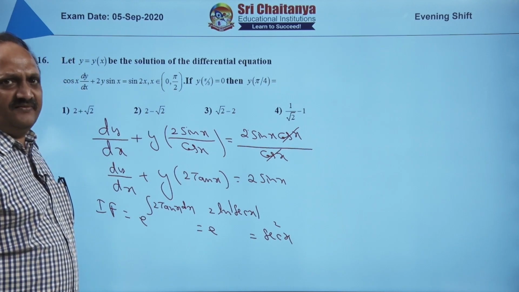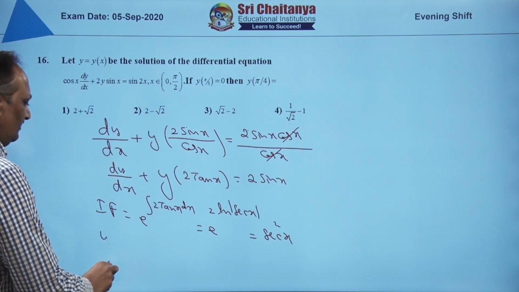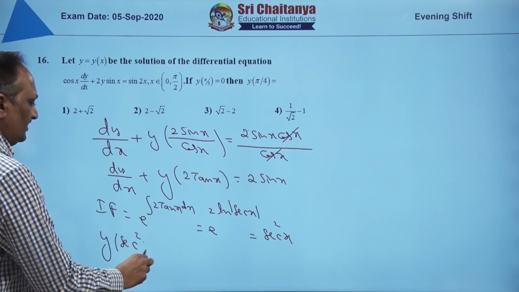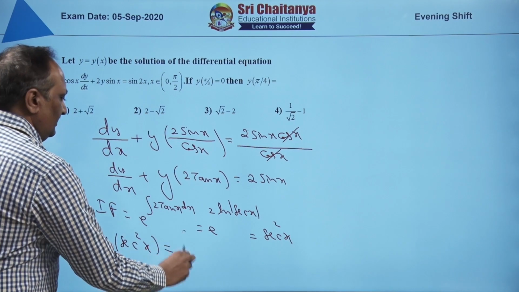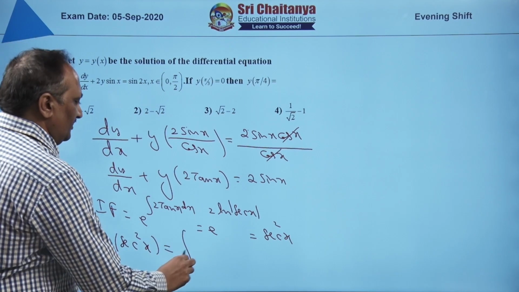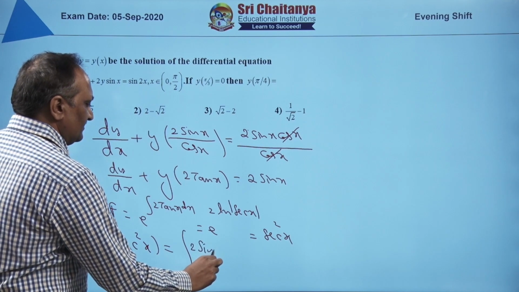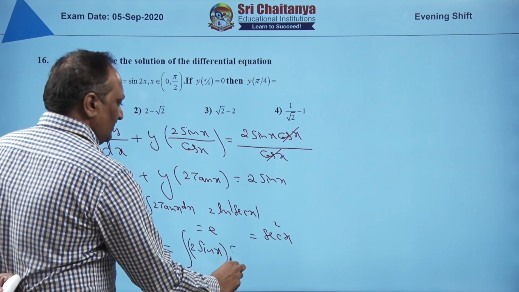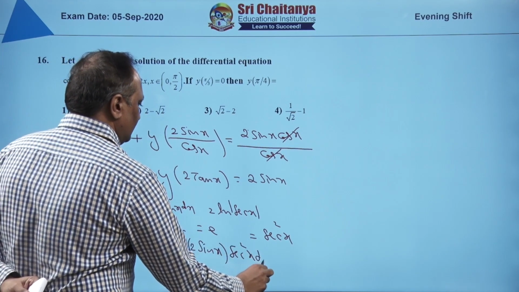The solution of the differential equation we can obtain: y into secant square x is nothing but integral q into integrating factor, where q is nothing but 2 sin x and the integrating factor is secant square x, dx.